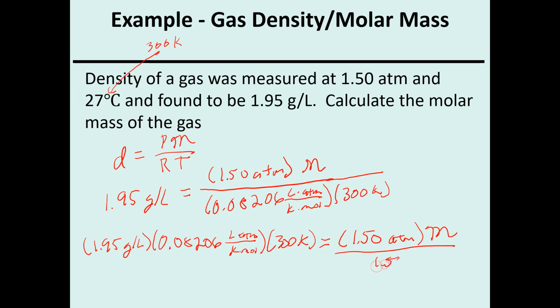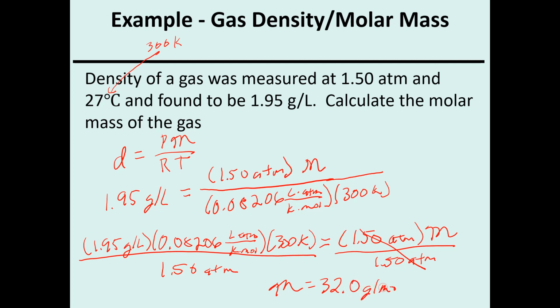And then we divide both sides by 1.5 atm to get molar mass by itself. So molar mass is equal to 1.95 times 0.08206 times 300, divided by 1.50. So we get a molar mass of 32.0 grams per mole.